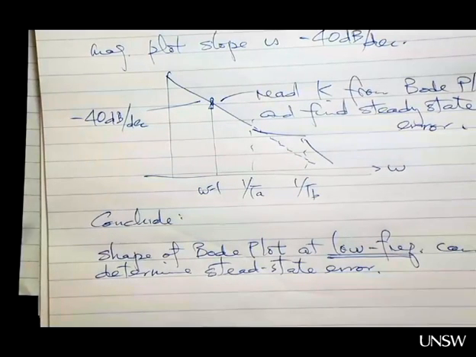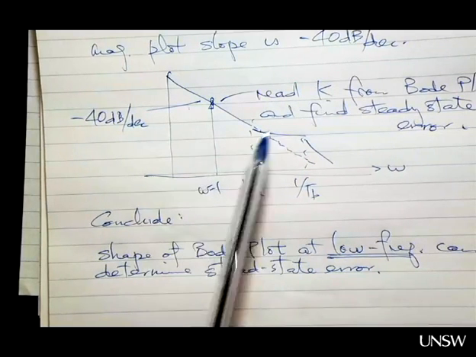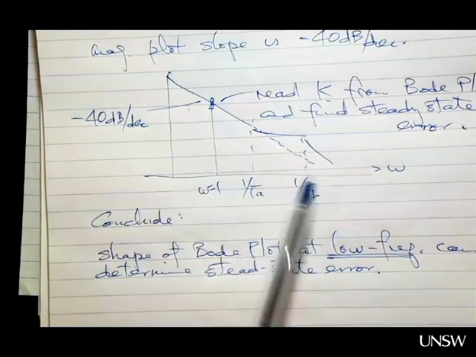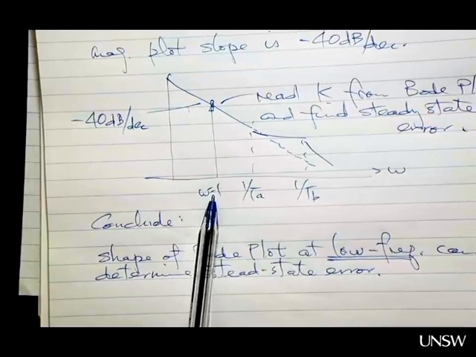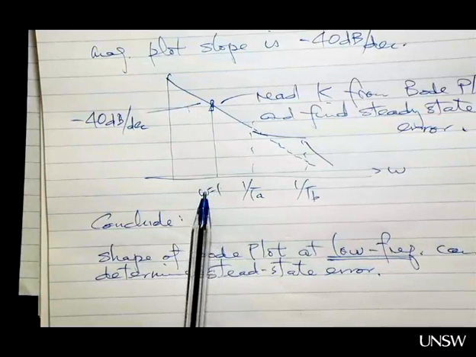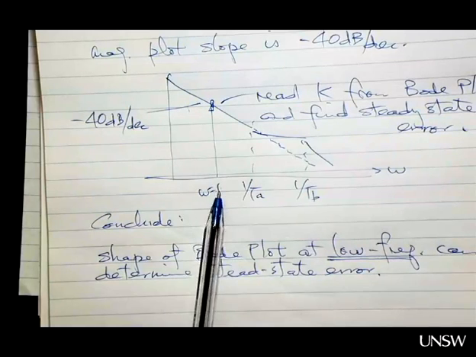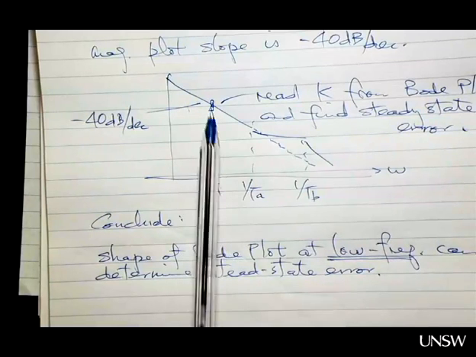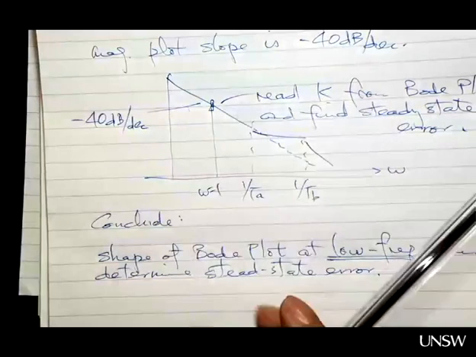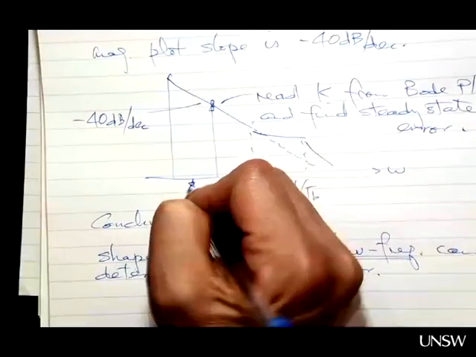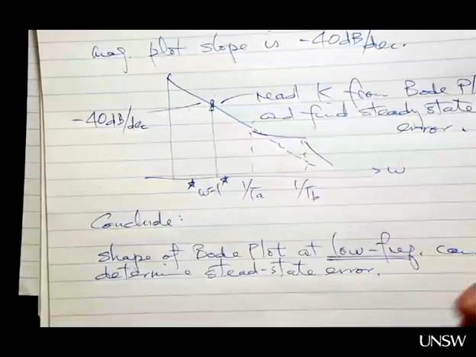So irrespective of the actual numerical values of all the other terms, it is a kind of standardization that we read off the gain at omega equals 1. So it is just one thing to pay attention to in practice.